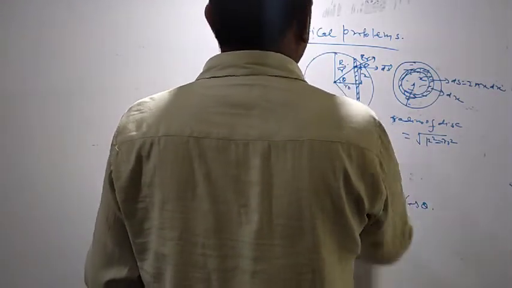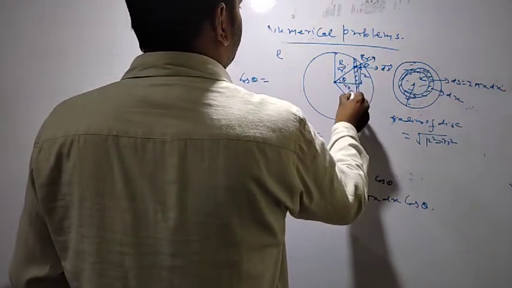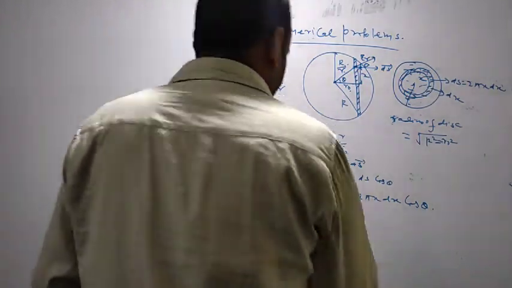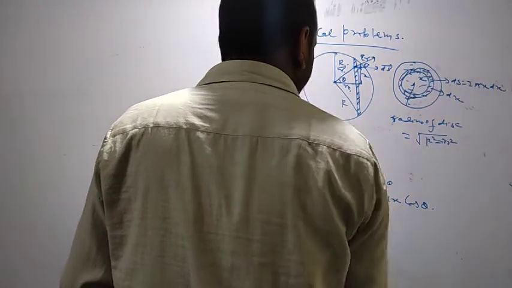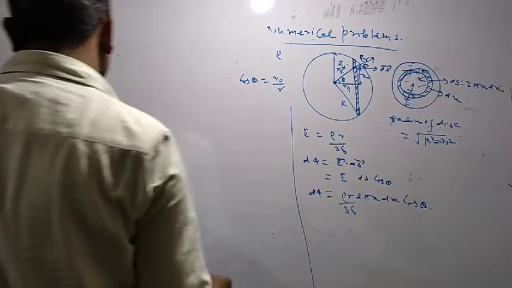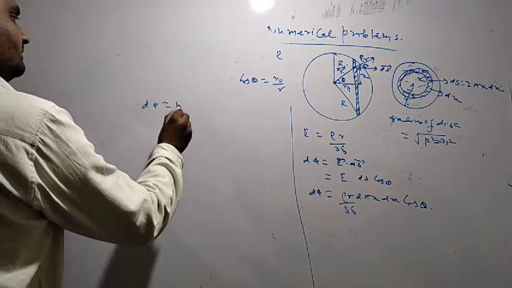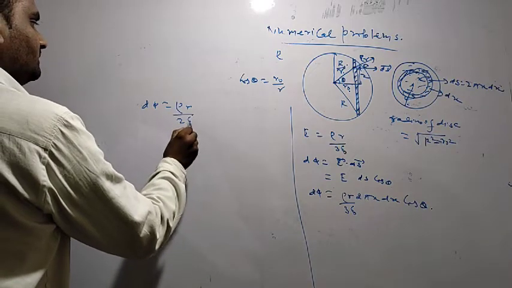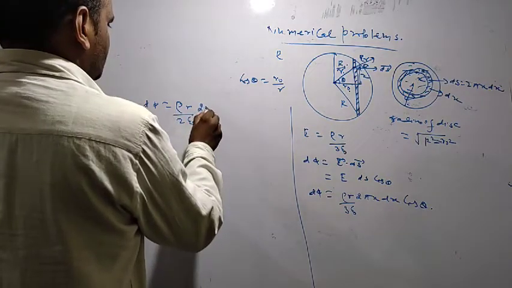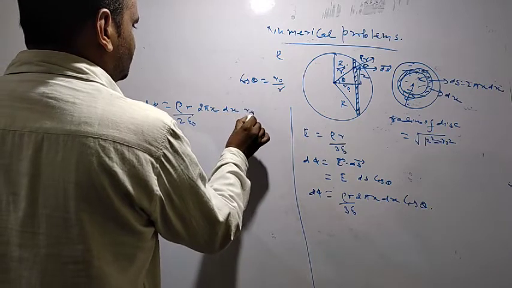What is the value of cos theta? That is base R naught by R. When you integrate this expression, you will find the answer. So we have d phi, and the components of this equation are 2 pi x dx R naught by R.